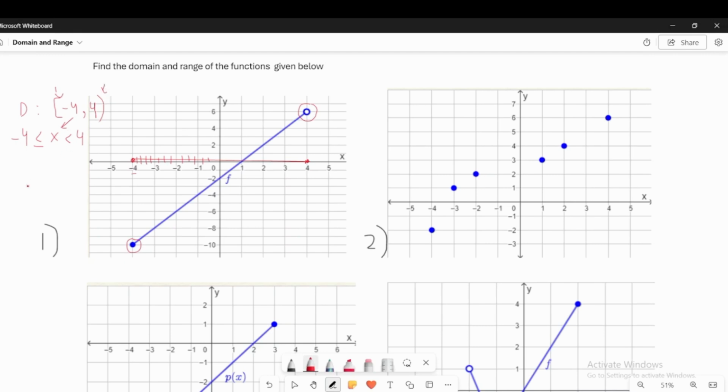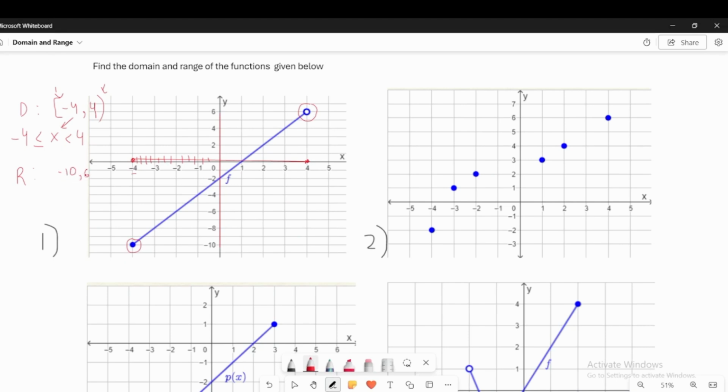Now, if we talk about the range, you have to see from where to where the graph is going on the y-axis. If you see, it is going all the way from -10 to +6. That means here your range is going to be -10 to 6.